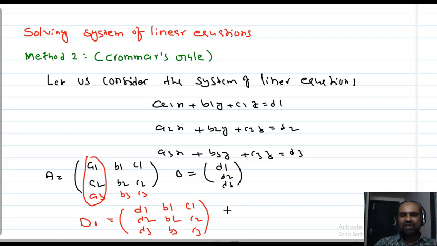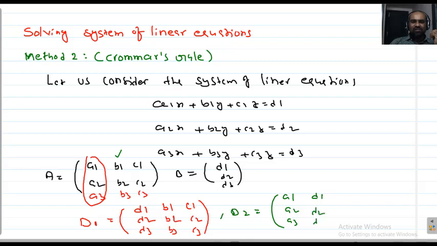D2 is another matrix obtained from the coefficient matrix: the second column is replaced by the constant matrix, a1, a2, a3 as they are, instead of b1, b2, b3 we put d1, d2, d3, and the last column as it is.